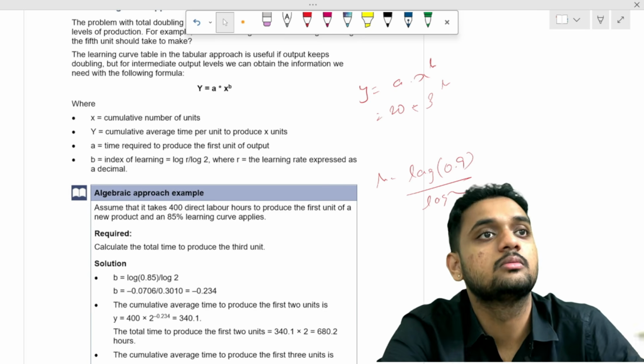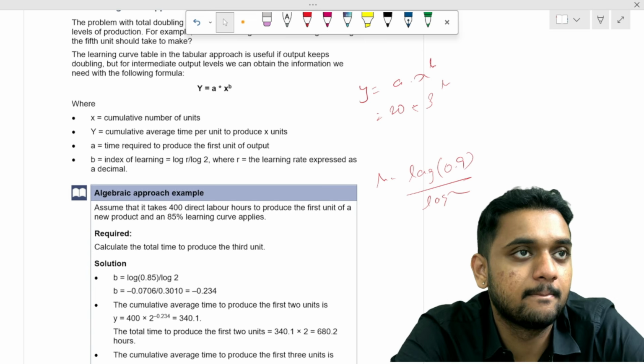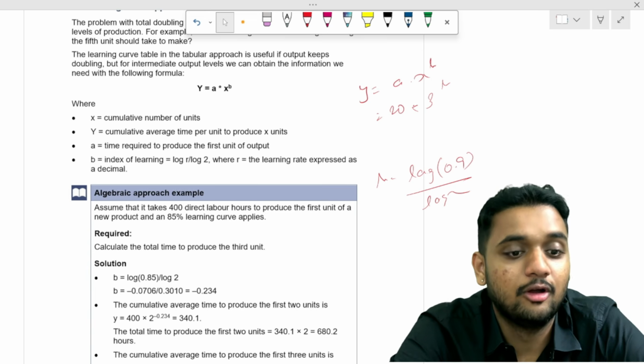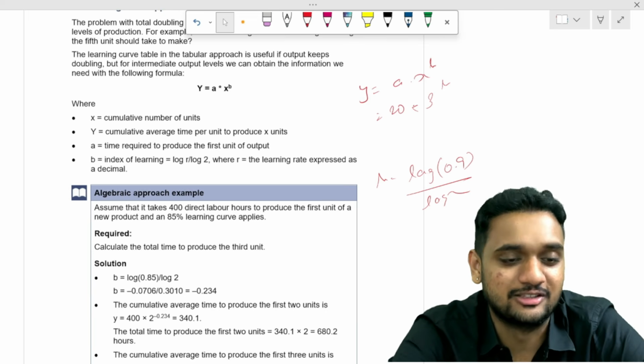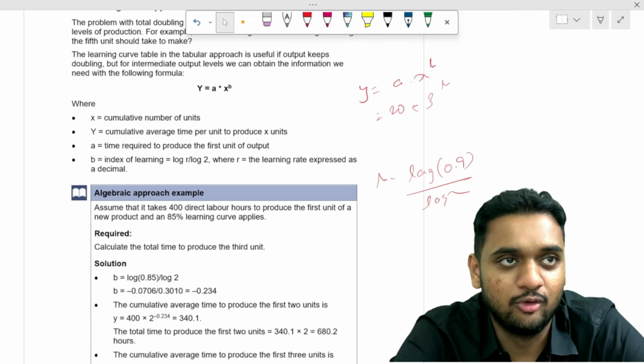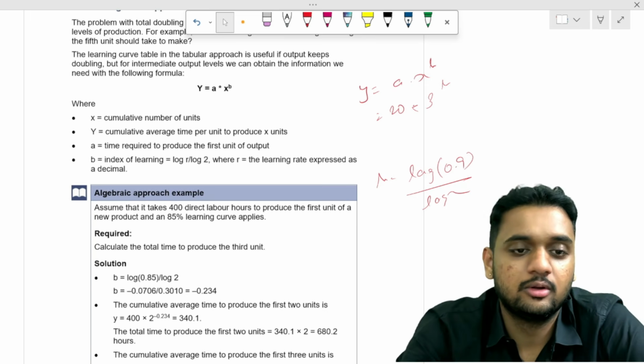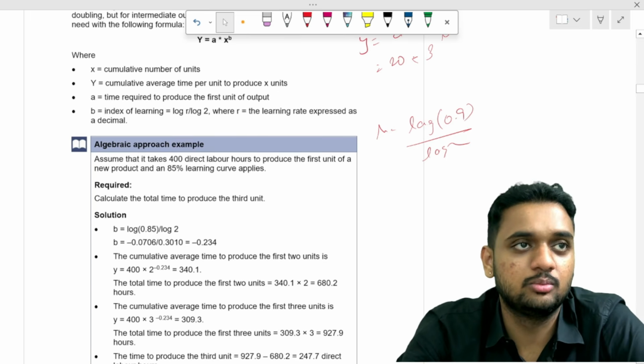Oh, that also you can't do, you can do it only in Excel. Tell me the entire formula. What did you do? 400 into 3 to the power minus 0.234.